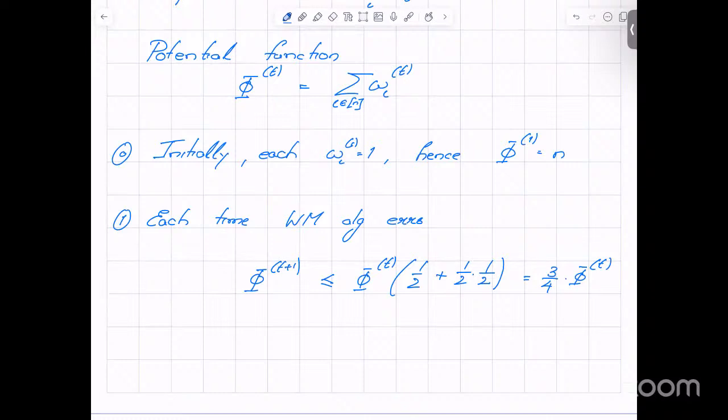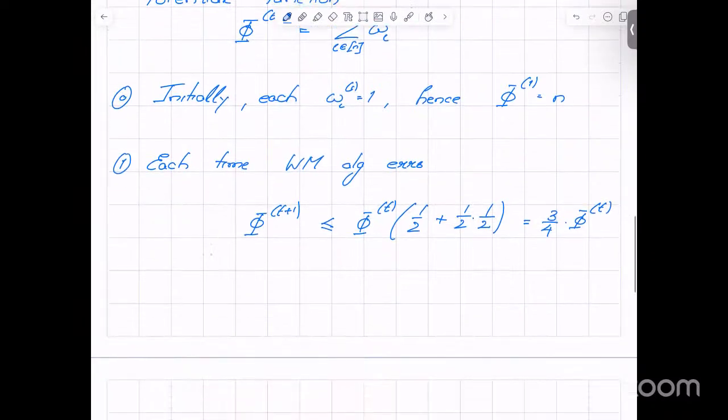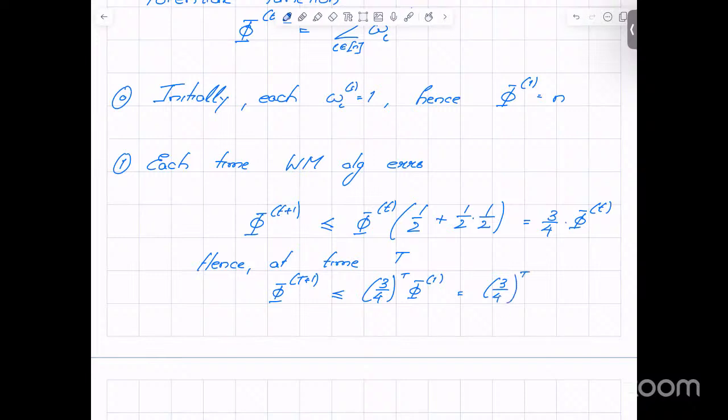Hence, at time T, we're going to have phi^(T+1) less than or equal to (3/4)^t times phi^1, which is (3/4)^t times n.